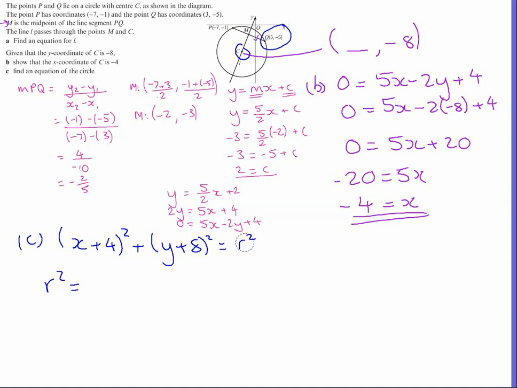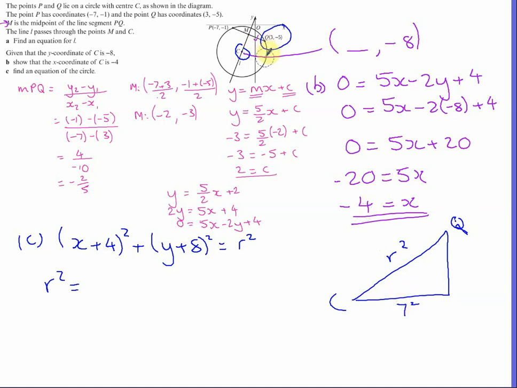Now it's easy actually to find what r is here using Pythagoras' theorem, but then you have to square it. So if you just treat this as a hypotenuse, I'll just draw it actually. So this is C, this is Q, this is R, this is what we're trying to find. But we know that r squared is equal to this length squared. And if you look at the change in x between 3 and minus 4, that's 7.